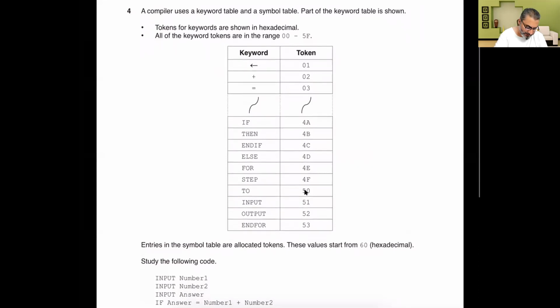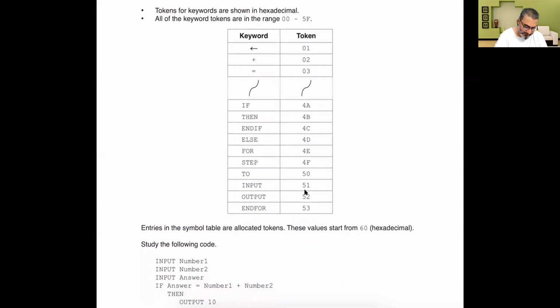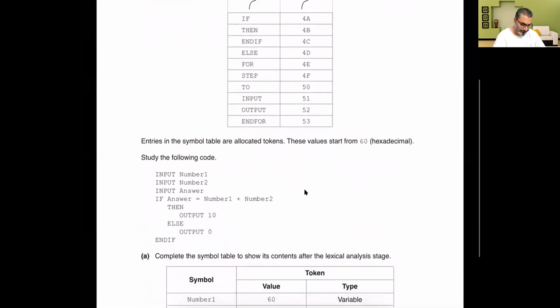Entries in the symbol tables are allocated tokens. These values start from 60. So 0 to 5F is allocated for the keyword table, and for the symbol table, entries are starting from 60 of hexadecimal. Study the following code.